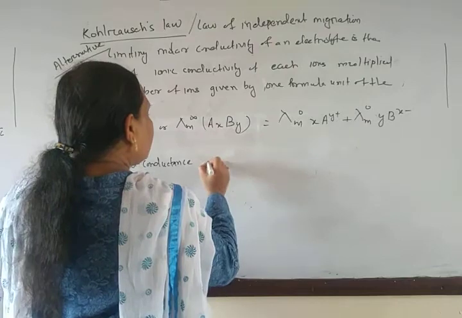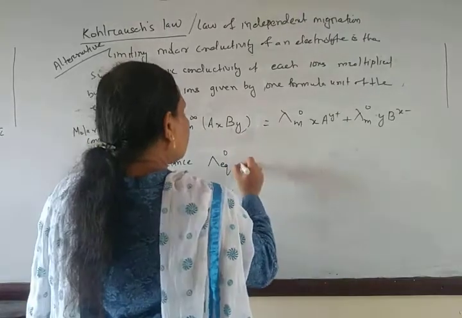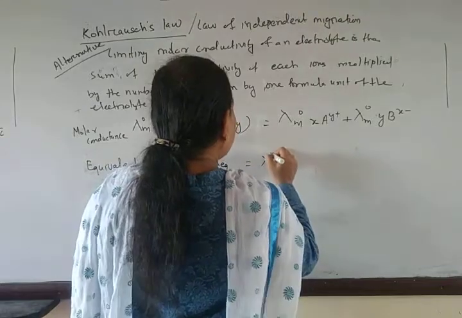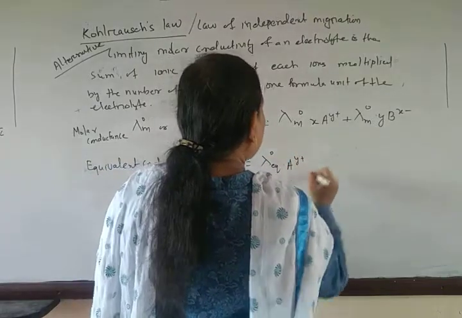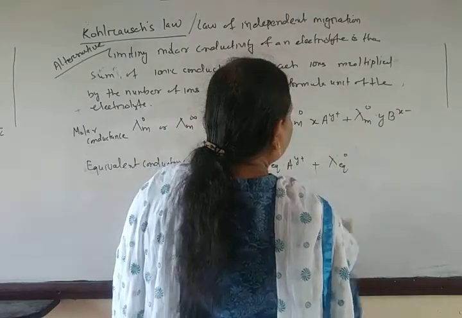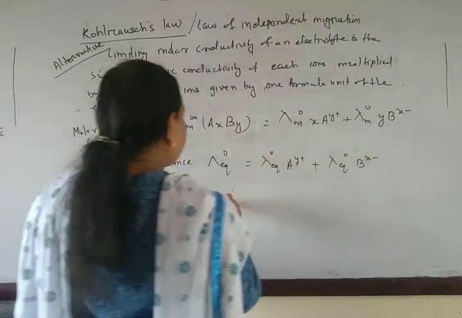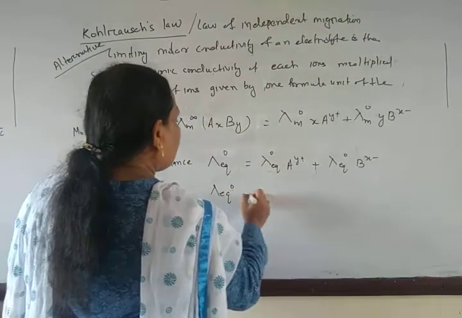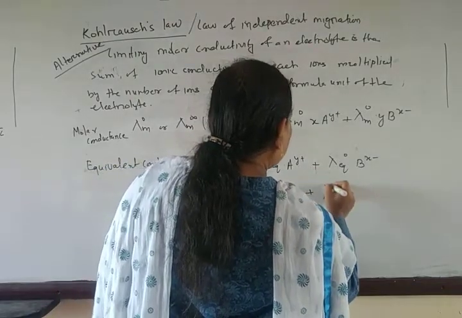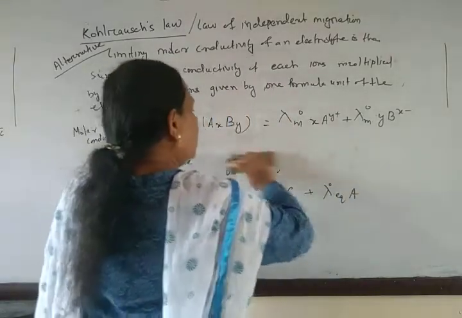The formula is lambda E naught equal to lambda E naught of A^(y+) plus lambda E naught of B^(x-), or simply lambda E naught equals lambda E cation plus lambda E anion.